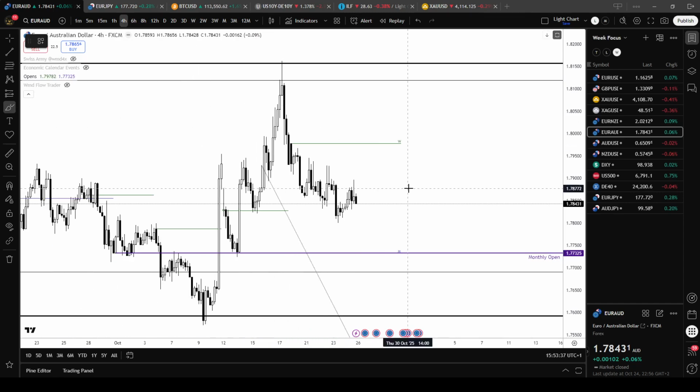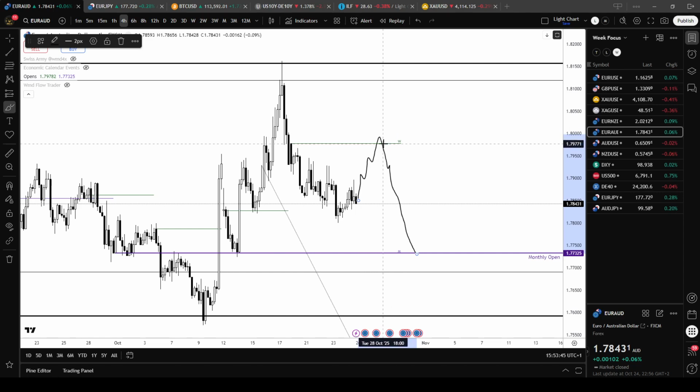So I think it's just a matter of time before, you know, I'm not ruling out something like this. In fact, this would be a very good scenario, and this here is where I would look short. I don't see price going much higher than that. I think it really goes lower.